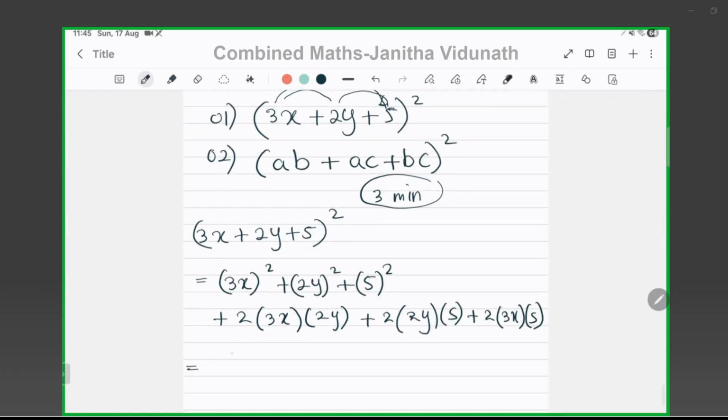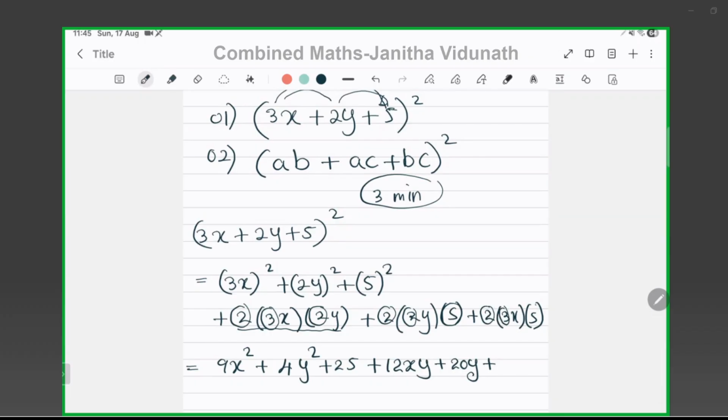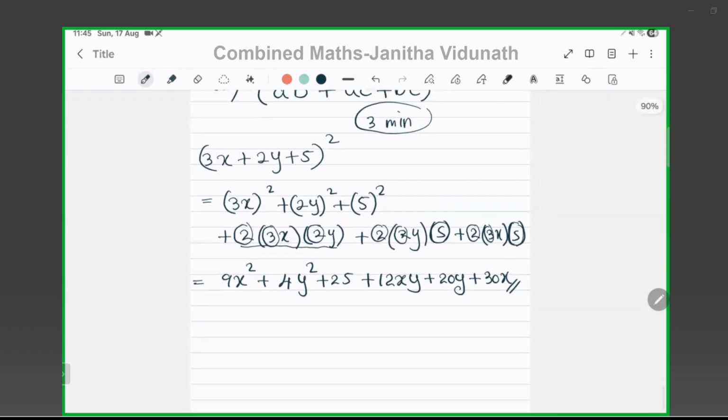Here we can simplify this as 9x squared plus 4y squared plus 25, plus here we can simplify this as 2 times 3 is 6, 6 times 2 is 12, so 12xy. Here 2 times 2 is 4, 4 times 5 is 20, so 20y. Finally, we have 2 times 3 is 6, 6 times 5 is 30, 30x is the final answer.